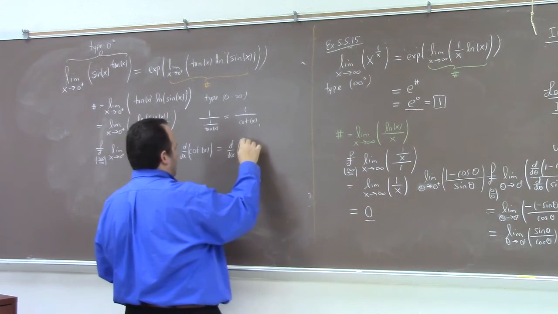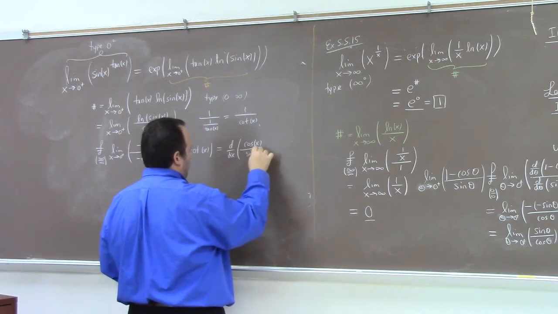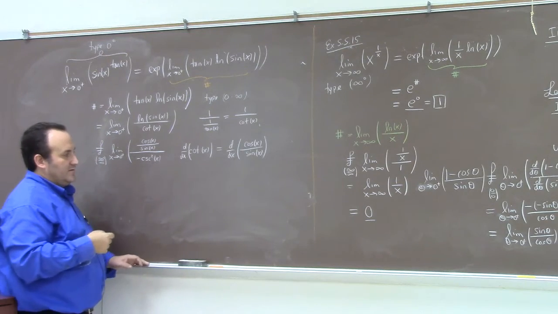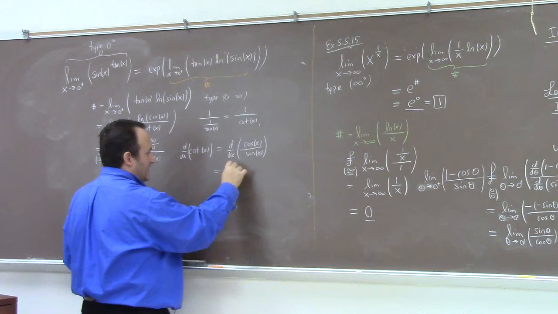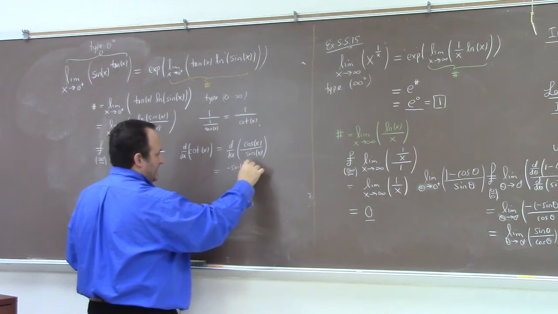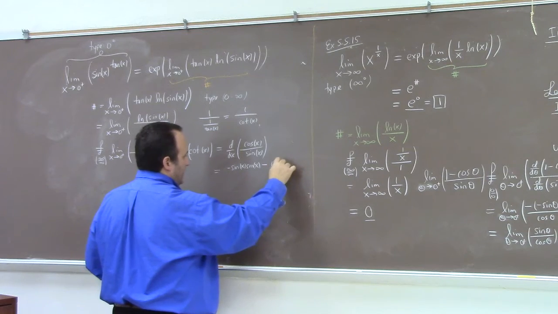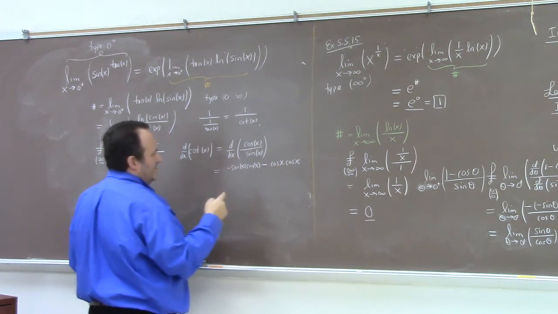d/dx of, well, you got yourself a cosine over sine. Now, if you don't know the definition of cotangent, well, you're kind of up a creek, aren't you? So you got to know that. So cosine over sine, and then quotient rule. That's minus sine x times sine x, minus cosine x, derivative of the bottom, which is cosine x again.